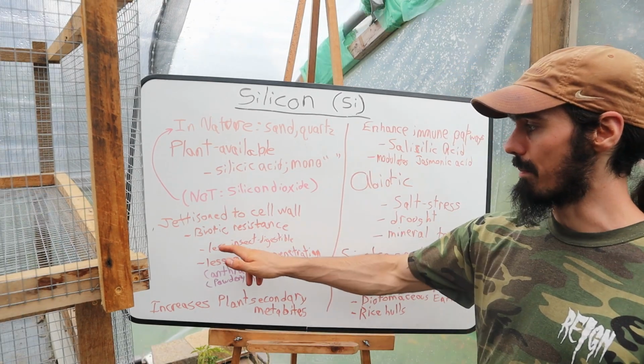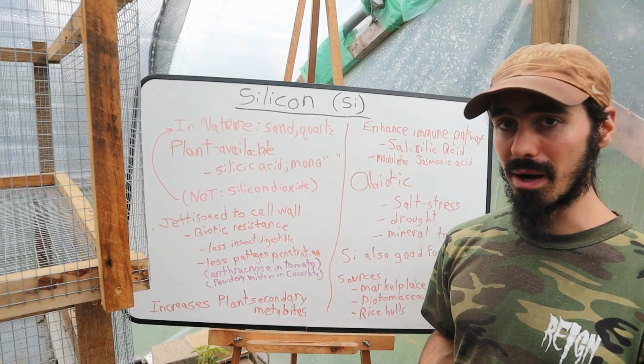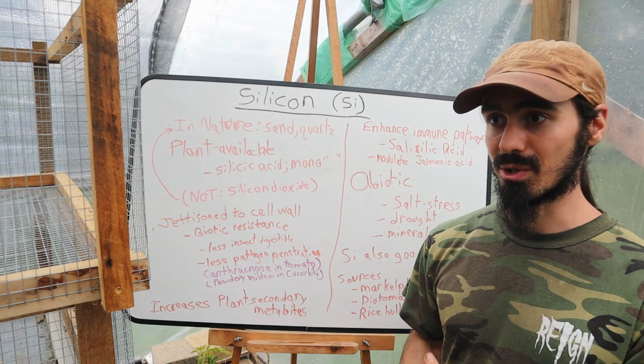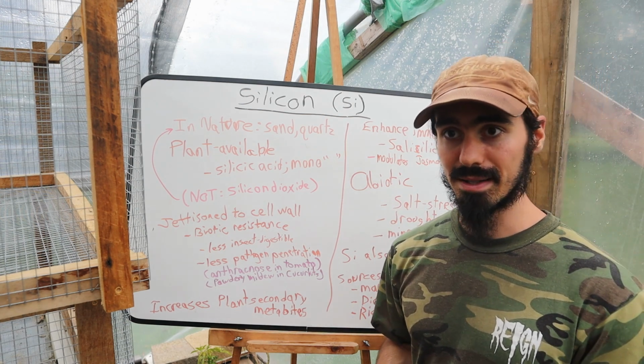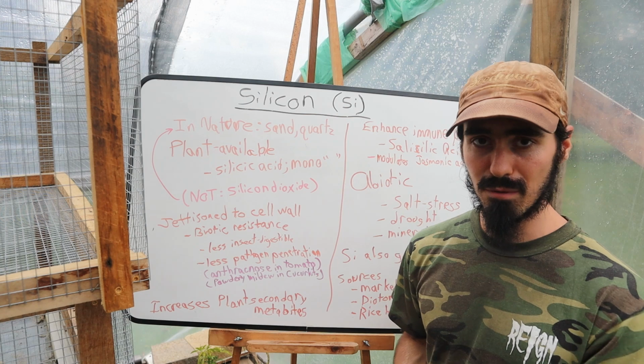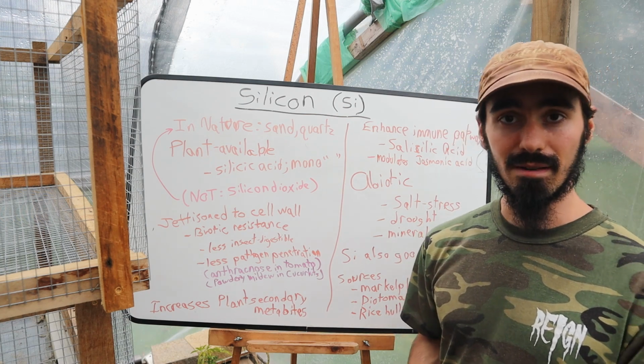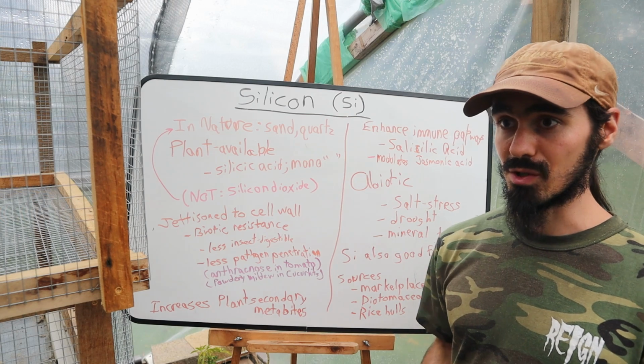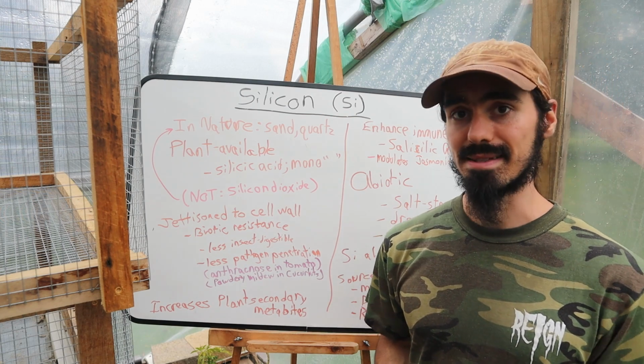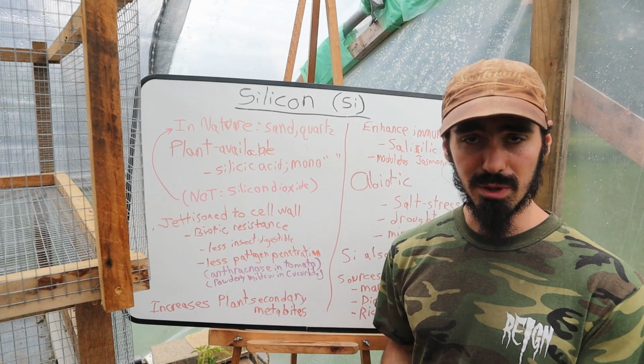So we talked about the biotic resistance. We also have some abiotic factors, right? So these are going to be weather related, not necessarily related to organisms or life forms, but stresses caused by weather events, climate. We can have certain types of mineral imbalances in the soil that can contribute to plant stress, right?